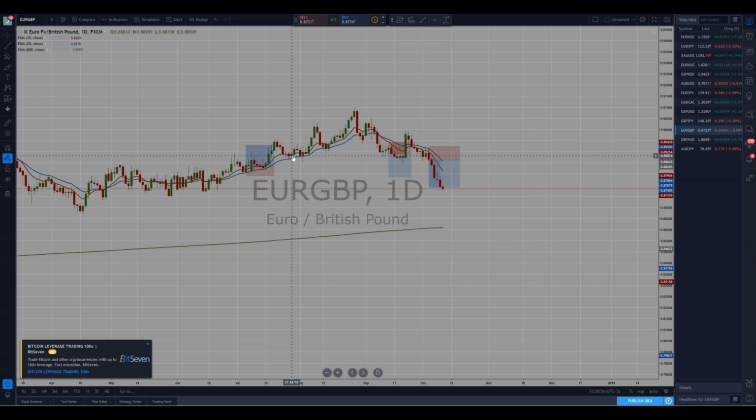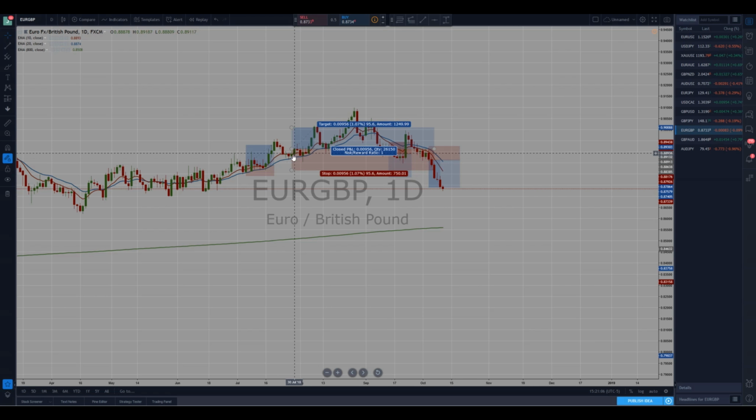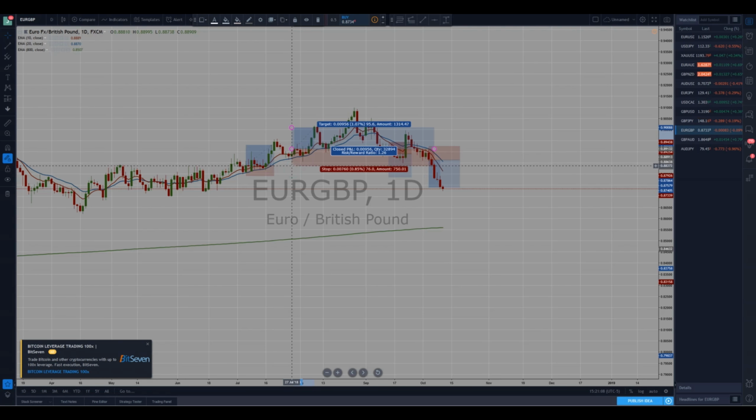Next entry would be either this bullish engulfing candle or one of these bullish candles. If you wanted to set this up to where the take profit and the stop losses are more methodical, you could go like the base of these, the base of the wick to the left, plus like 10 pips, 15 pips, something like that.